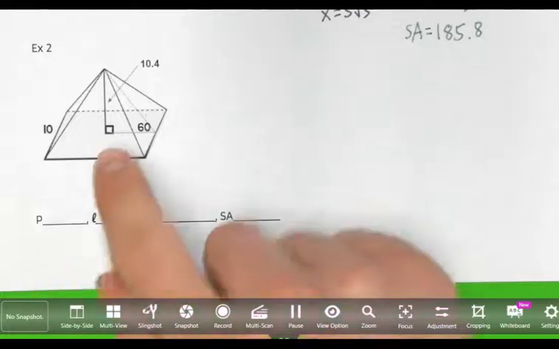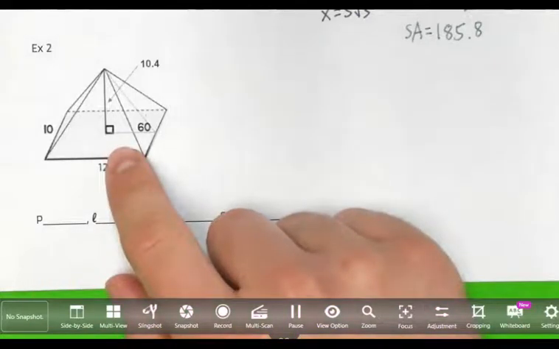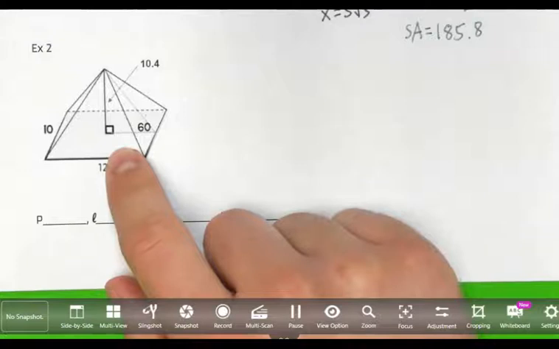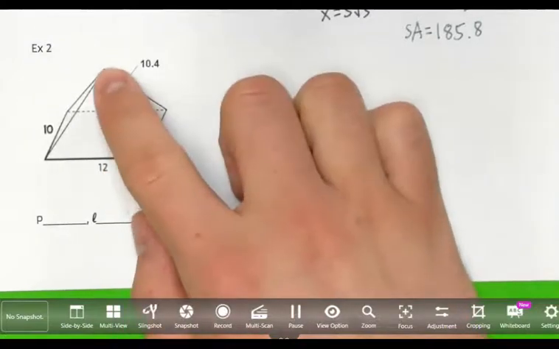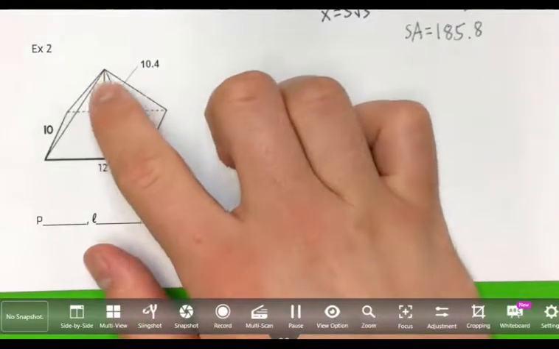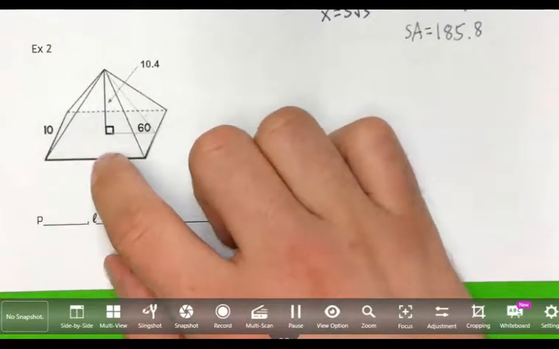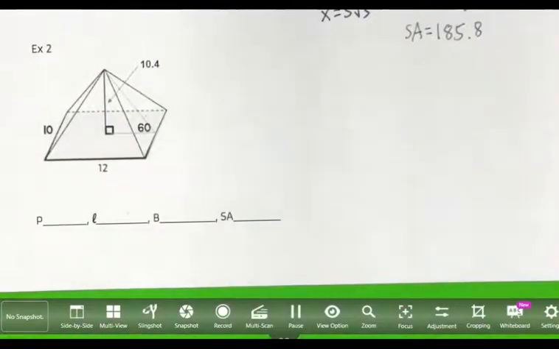Namely, a rectangular pyramid does not have one slant height. It has 2. So it has this slant height, and then there's the slant height coming to the 12 side, and those are not the same thing. So we are going to need to solve for both of them and then average them to get the slant height that we need for our formula.